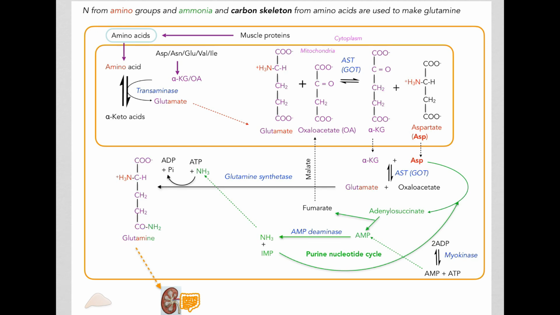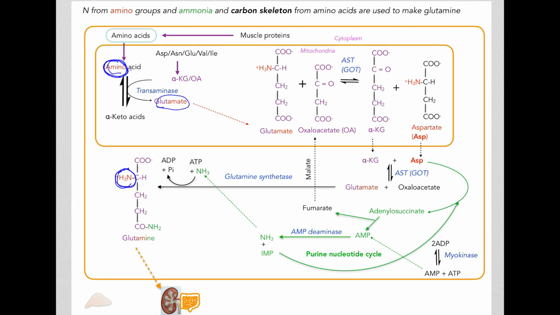So the alpha amine group, if we trace this group, it really comes from any amino acid. So you can see the alpha amine group of any amino acid is transferred to glutamate.